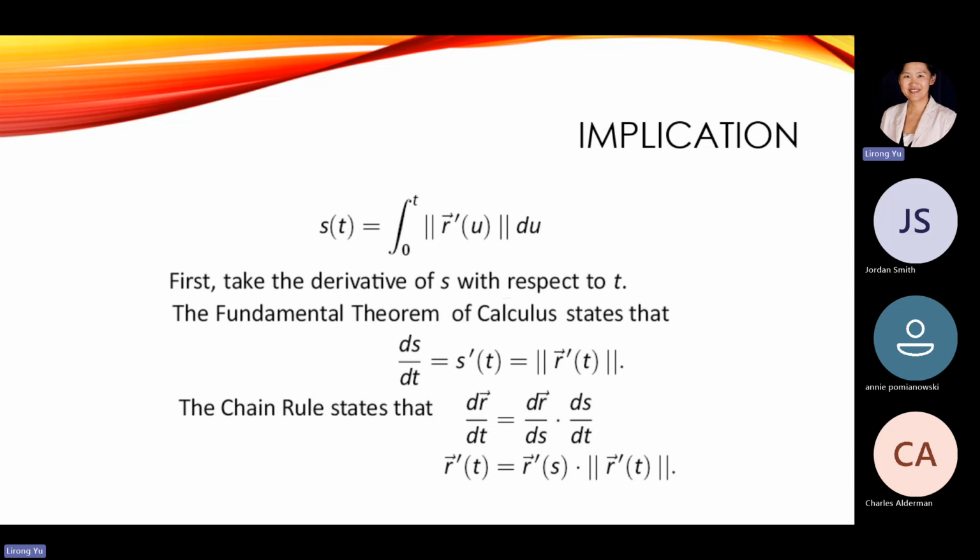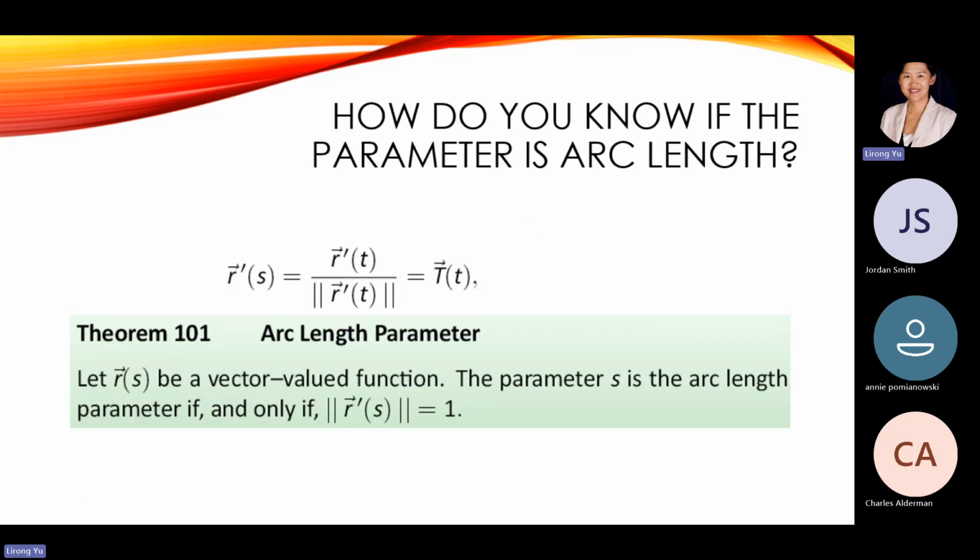So r prime(t) divided by its magnitude equals r prime(s). Now r prime(s) is actually the tangent vector that we defined in that section. It equals r prime(t) divided by the magnitude of r prime(t), which by definition is the T function, the unit tangent vector we were talking about in that section. That also means that r prime(s) is a unit vector.